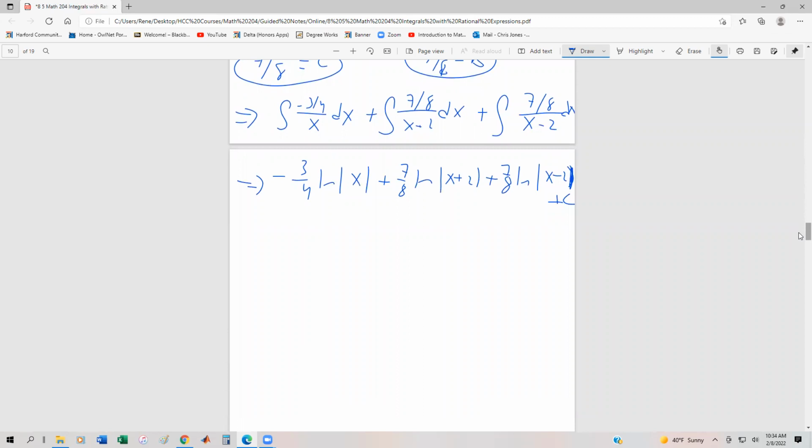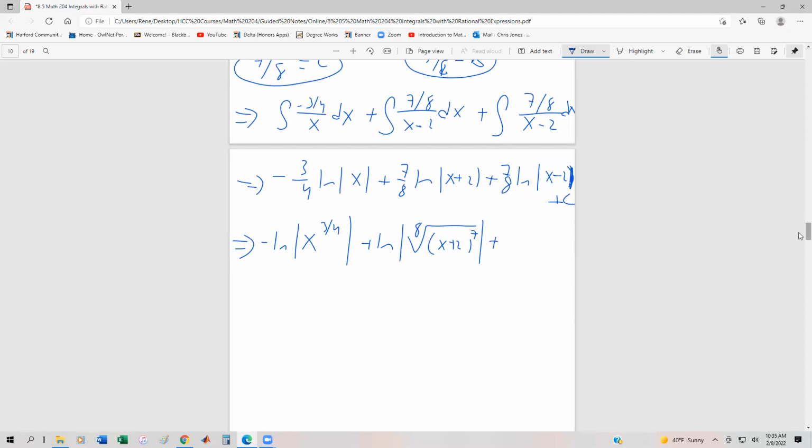However, if you're using MyMathLab or something else, or if you want to match it up to something in a computer algebra system, we might want to go back and make sure that we can put this all as a single fraction, or a single logarithm. So we're going to rewrite this as negative ln x to the 3/4, and then for the other one, since it's an x plus 2, we can write this as the 8th root of x plus 2 to the 7th.